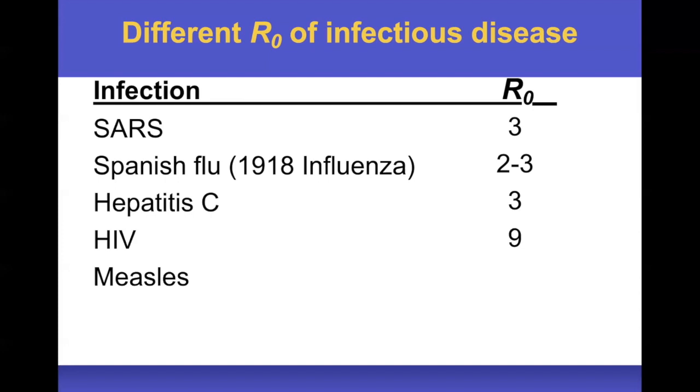I think it's in the range of 8 to 10. It's even higher, 9 to 18. Measles is one of the very, very infectious pathogens. That's why it's a childhood disease, because normally if you're not vaccinated, you have a really good chance of contracting it. And Ebola?